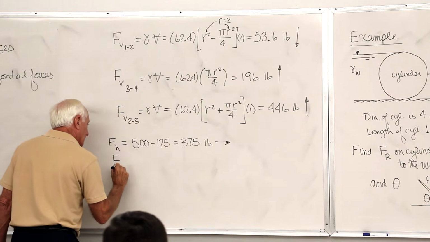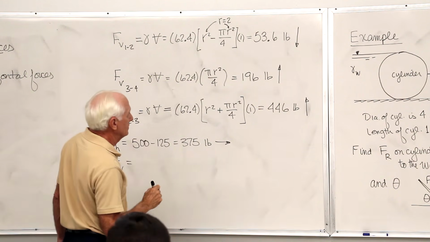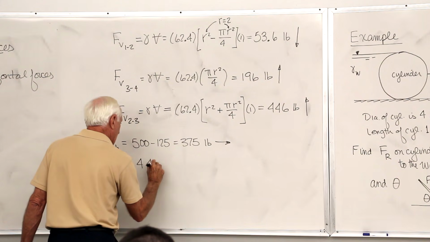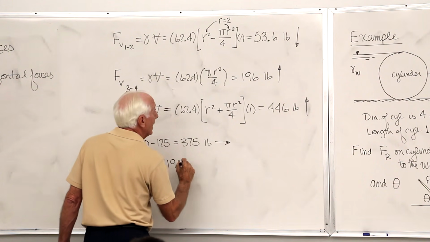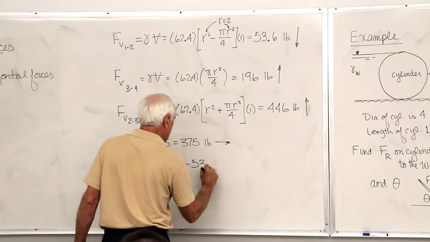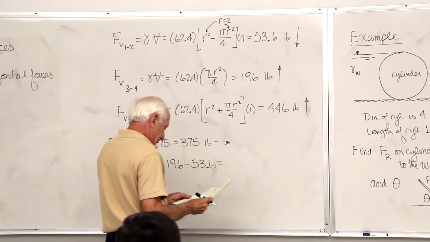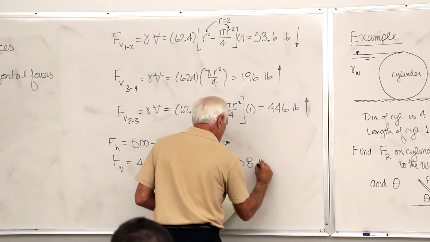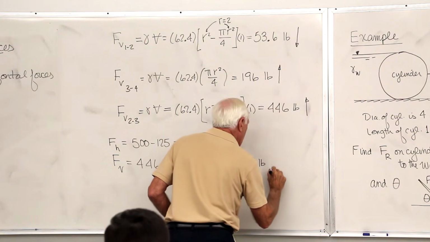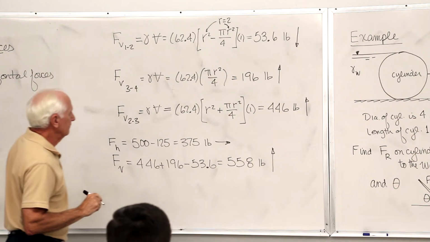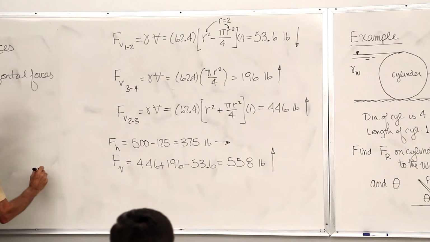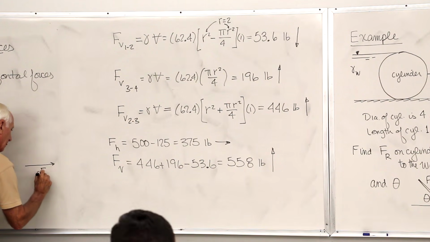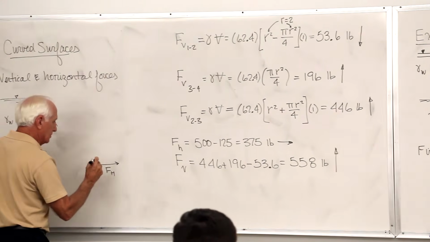Okay, F vertical, let's call up positive, 446 plus 196 minus the down 53.6 equals 558. I rounded off. And that is up. So I have a horizontal force and the vertical force is up.